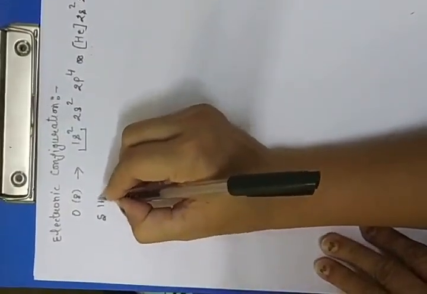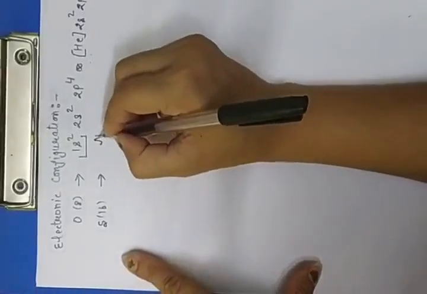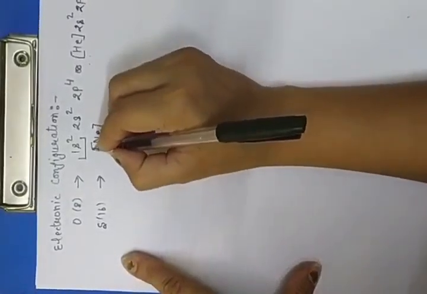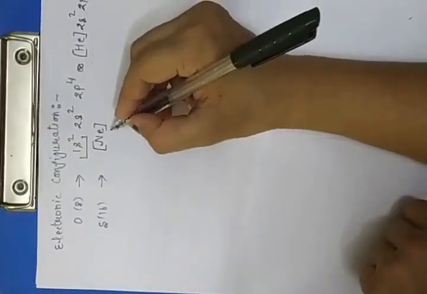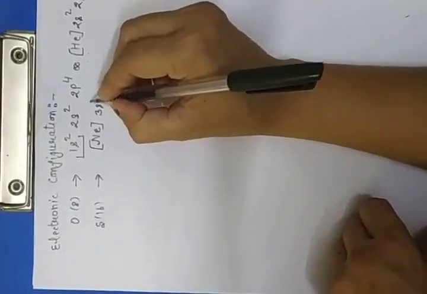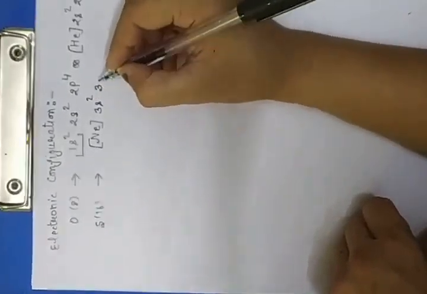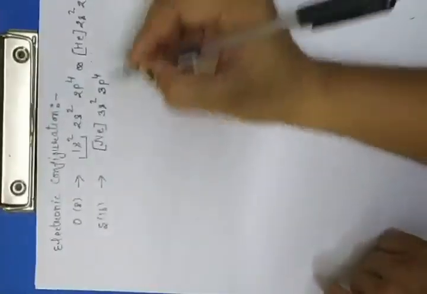Similarly, sulfur has atomic number 16, and the noble gas previous to sulfur is neon, which covers 10 electrons; the remaining are in the 3rd shell, that is 3s2 and 3p4.